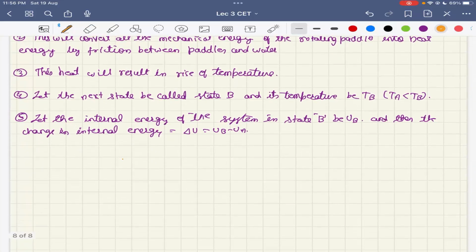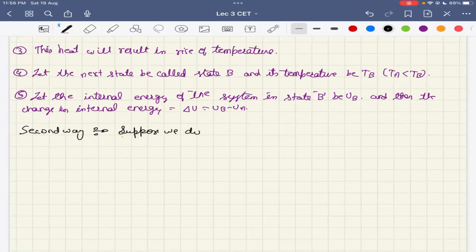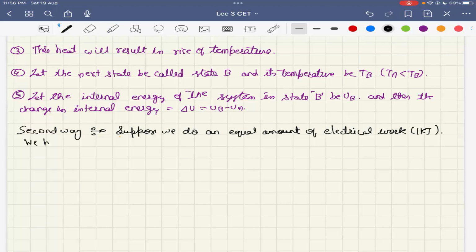So second way, suppose we do an equal amount of electric work, which is 1 kilojoule. We heat the water with the help of an immersion rod.